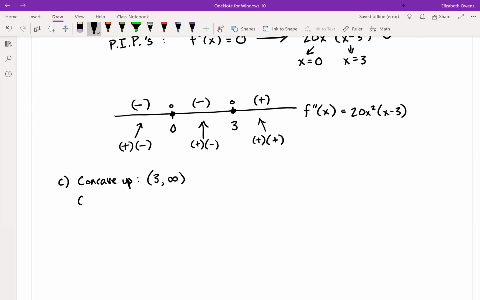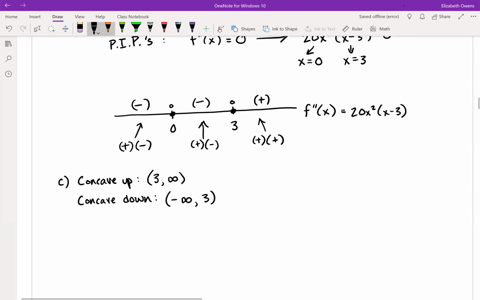Okay, and then concave down. There's actually 2 different ways you could say this. It's going to be concave down where we have a negative second derivative. So you could either say that as it's the interval from negative infinity all the way up to 3.